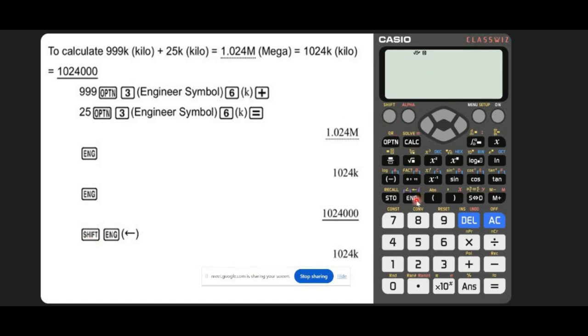Then press ENG. Because you need to use this arrow symbol, means that you go back to the previous unit. So you need to press shift and then press ENG. Okay, so you can choose the unit that you want by pressing ENG or shift ENG.